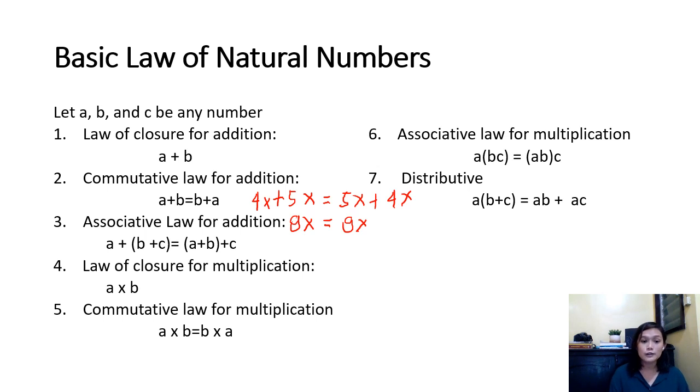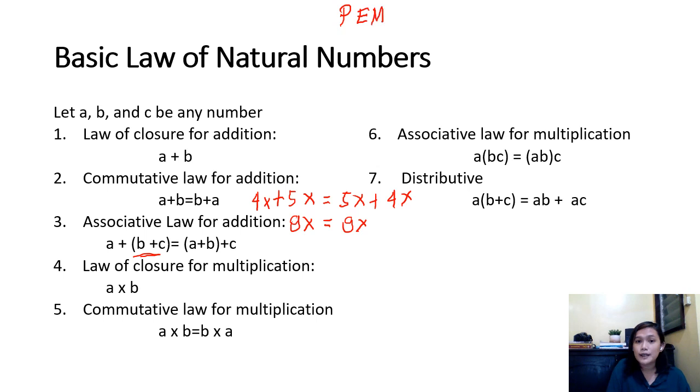Now, let's move on to the associative law for addition. You have a plus the quantity b plus c, which means b plus c is grouped, is equal to the quantity a plus b, plus c, where a plus b is grouped. With this expression, class, we first operate what is inside the parentheses, according to the PEMDAS rule.